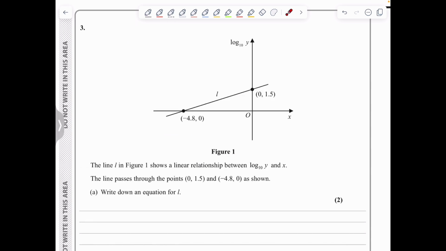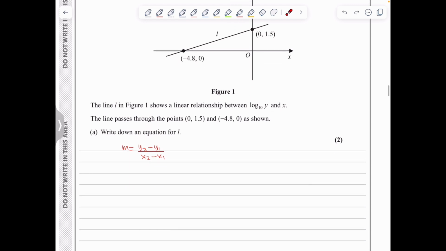In question 3, we've got the graph here of log y against x. We've got the straight line passing through the two given points, and we need to determine an equation for L. Well, using the fact that the gradient m is given by y2 minus y1 over x2 minus x1, we can simply see here that m will be (1.5 minus 0) over (0 minus negative 4.8).